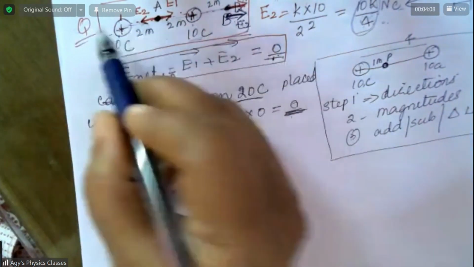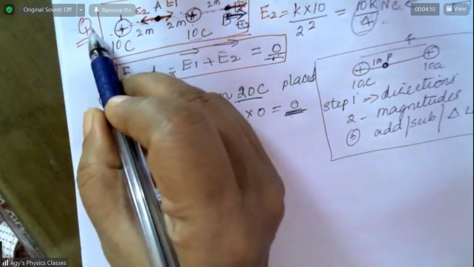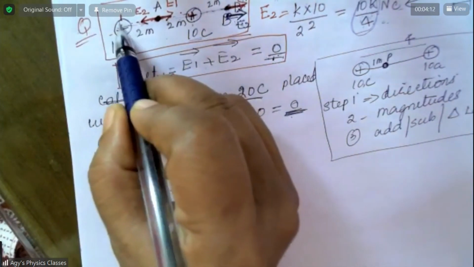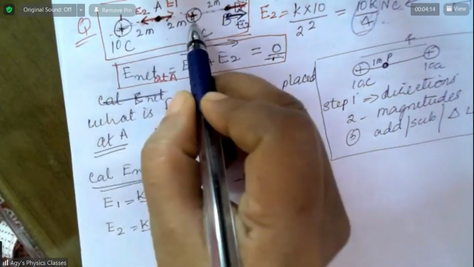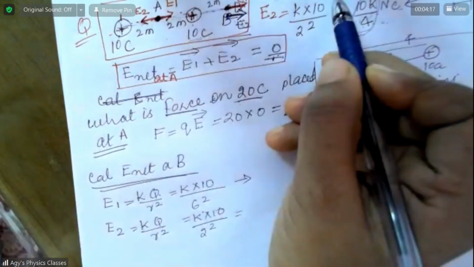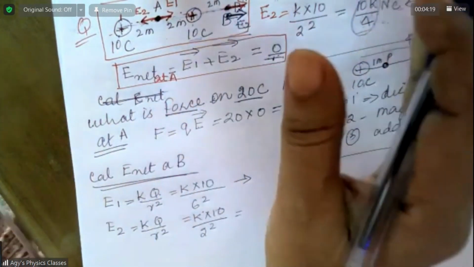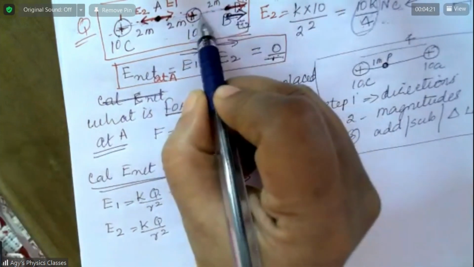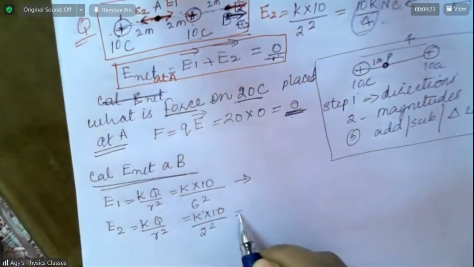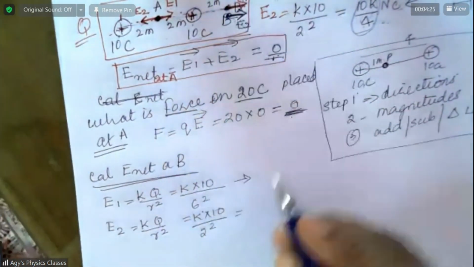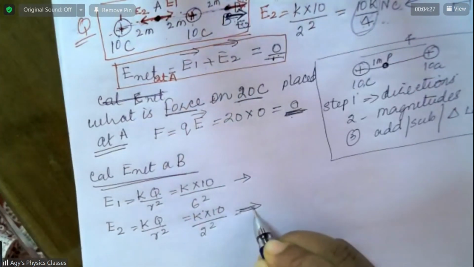So you will have to add outside the charges, if the charges are of the same type. At infinity, the electric field will be zero, that's fine. But just outside, they will be in the same direction.